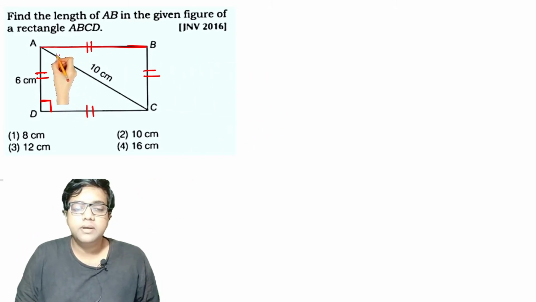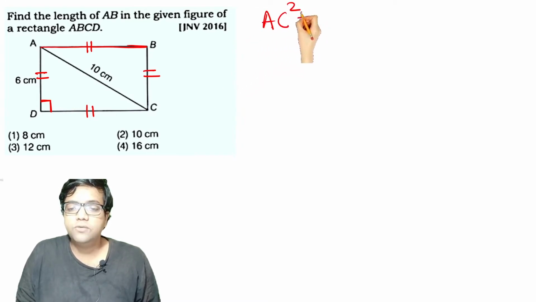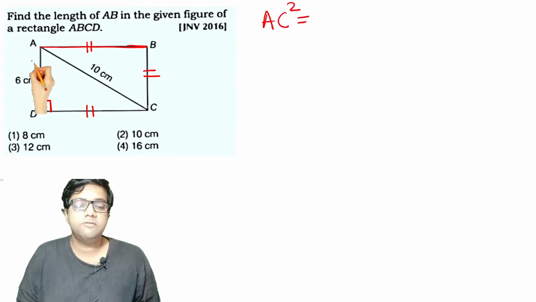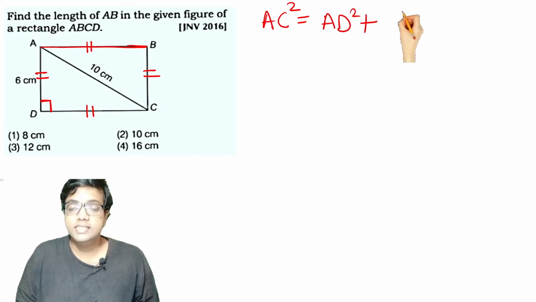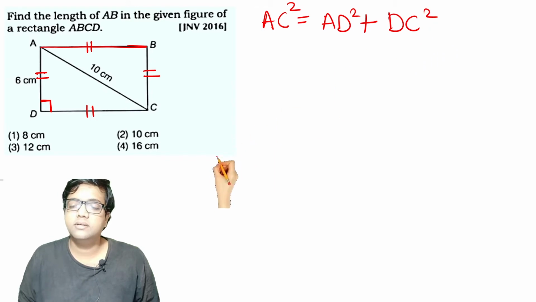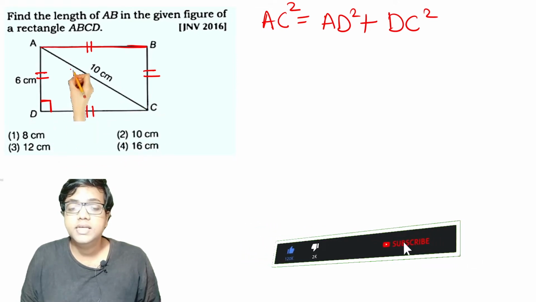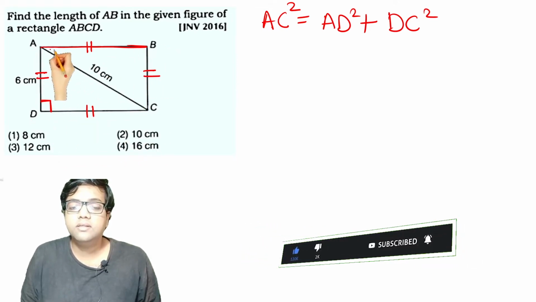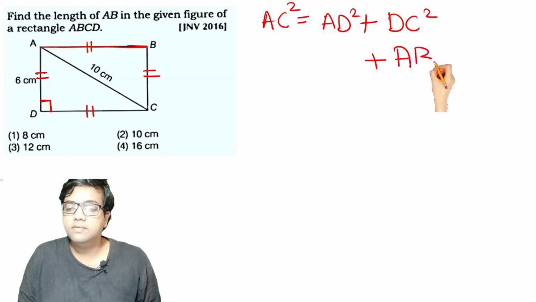So the hypotenuse AC: AC square is equal to AD square plus DC square. The length of DC is equal to AB, so I will replace DC with AB.